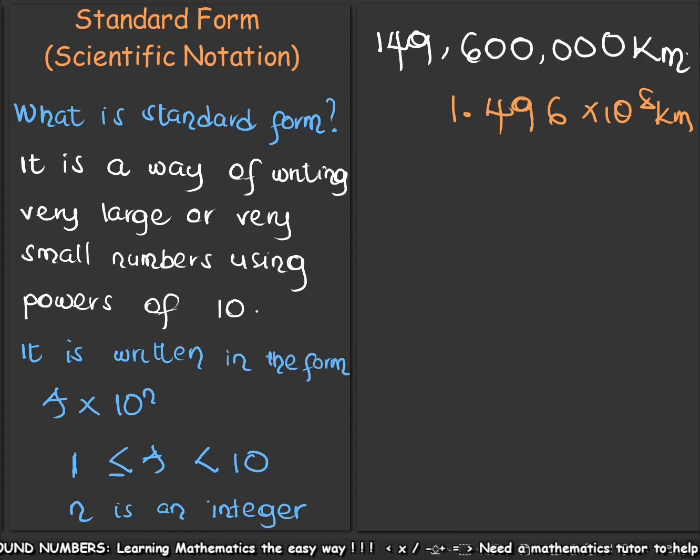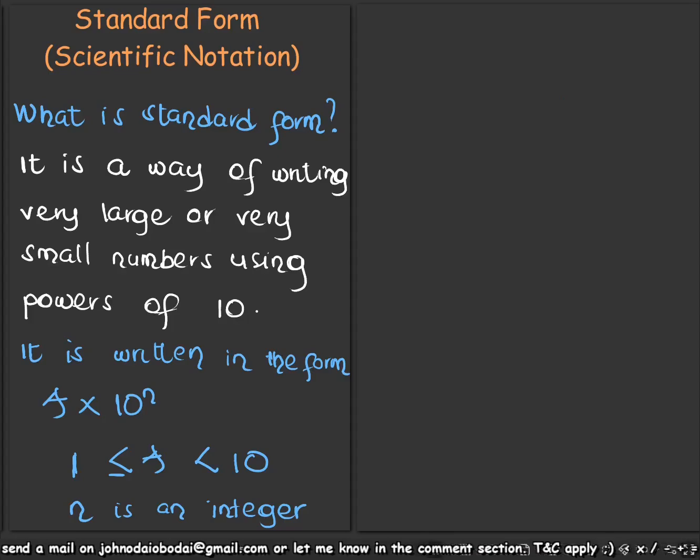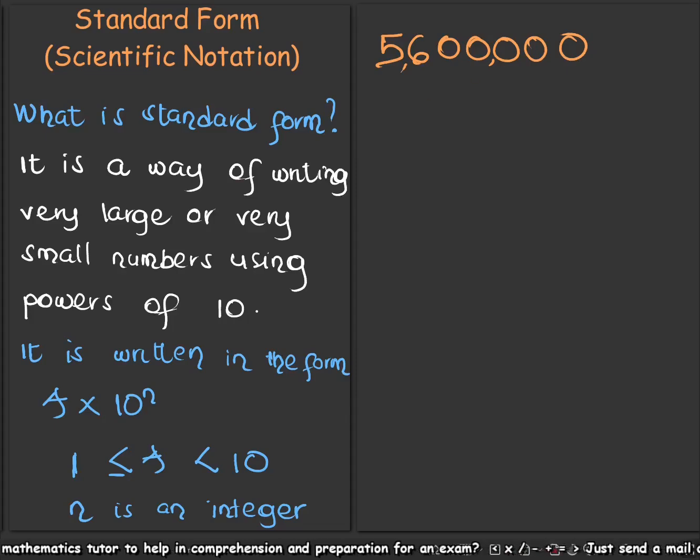Let's look at the steps to write a number in standard form. Since there are two cases, when the number is large and when the number is small, let's start first with when you are working with large numbers. As an example, let's take this number over here, which is 5,600,000.